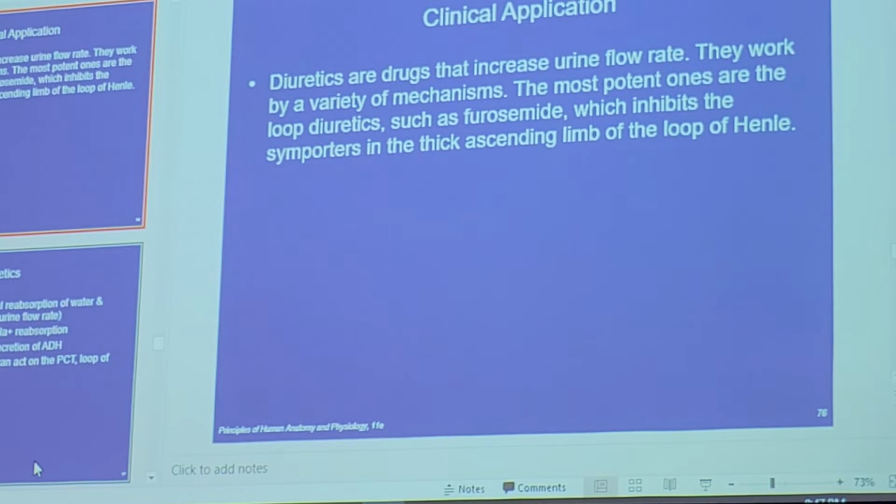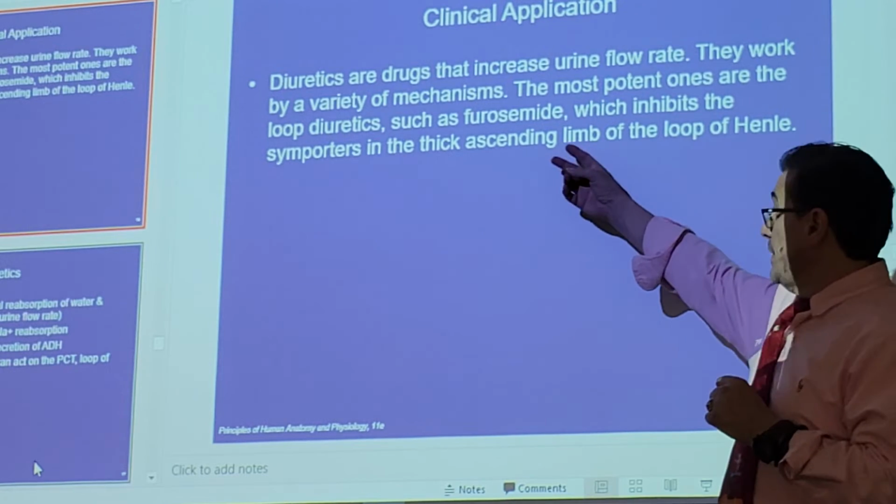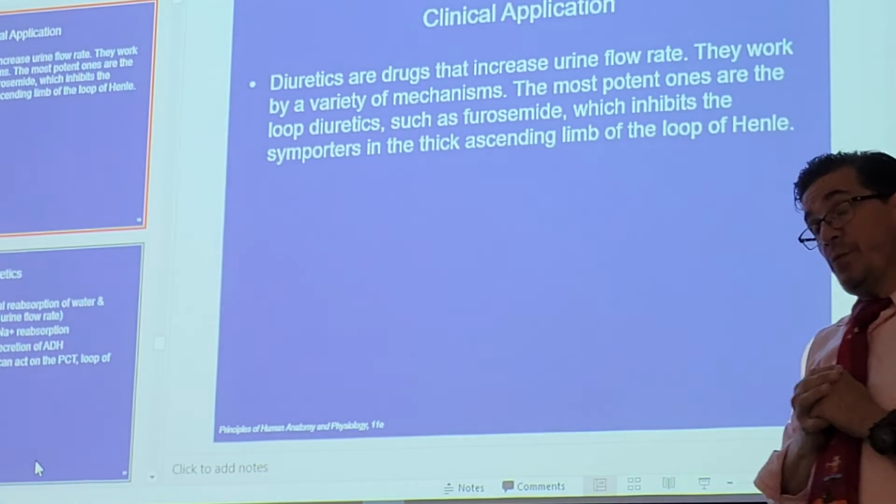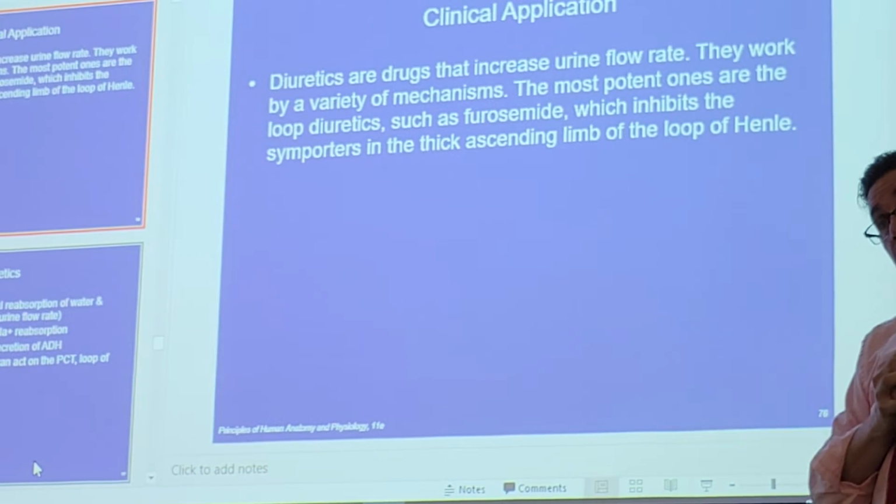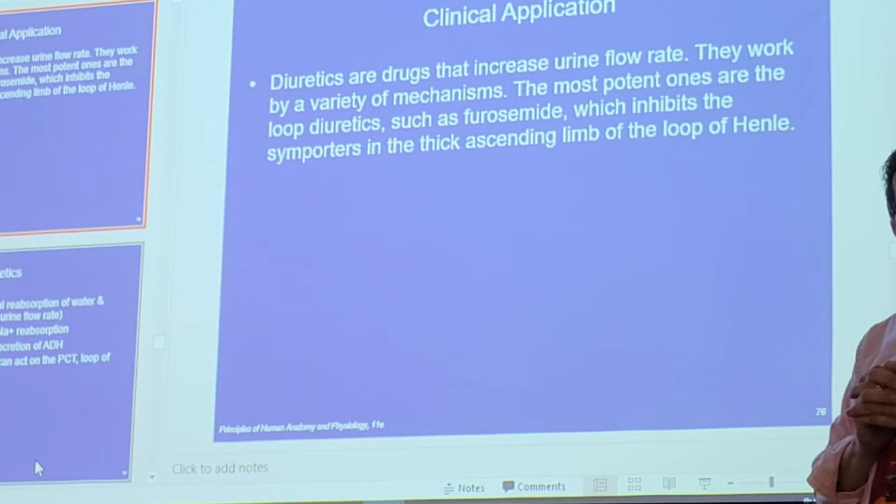Because if you've developed this over the lifetime, it's going to take a long time to correct, if it can get corrected. But as far as how it affects the kidneys, and that's where we're looking right now, what we see is it inhibits the cells within the loop of Henle that are involved in movement of the water or the sodium.